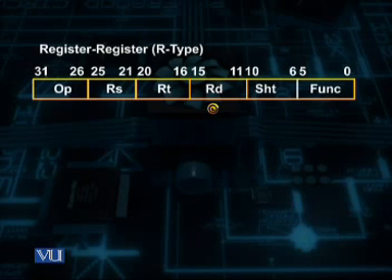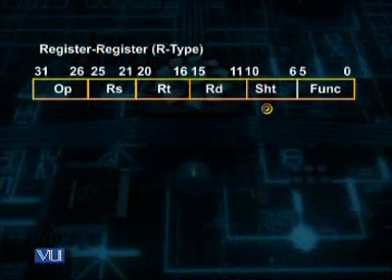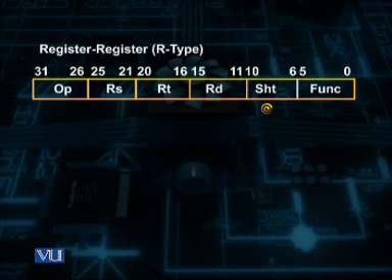It is also 5 bits in length, whereas the next field, written here as SHT, basically stands for the shift amount, and this field is used only with the shift instructions to specify how many bits are to be shifted, from 1 up to 32-bit shift, which again requires a 5-bit code.